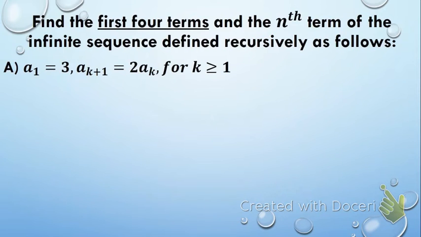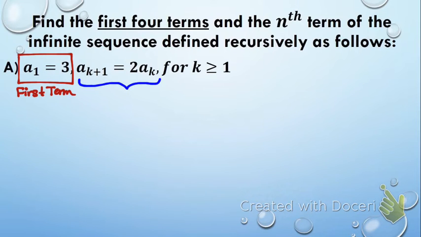Here's an example of something that has been recursively defined. What is the first term? 3. What comes next, this part right here, is telling me how to find the next term.